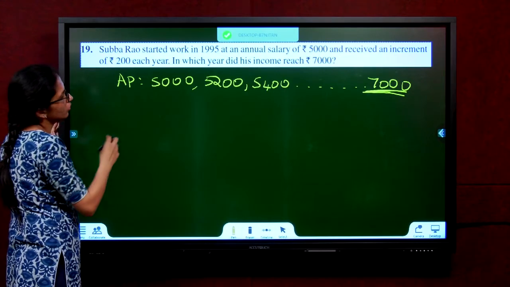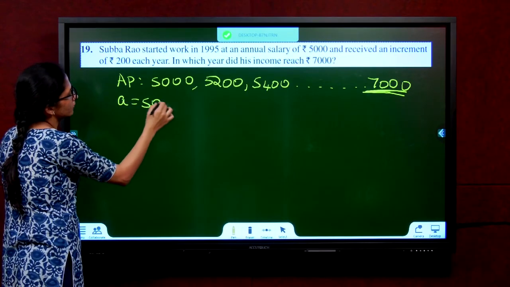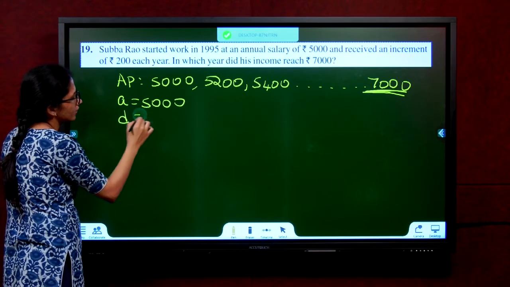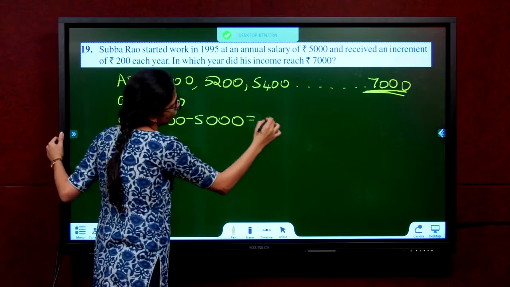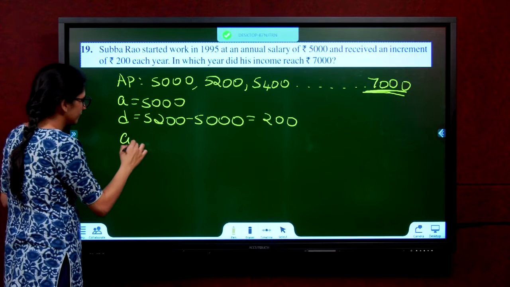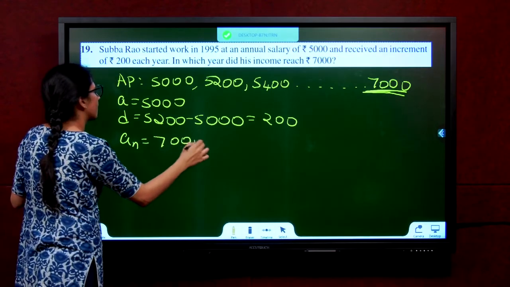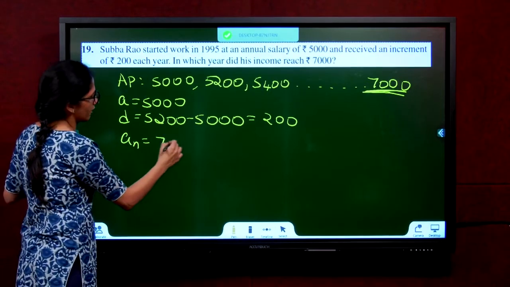Okay. So now carefully observe. A is equal to 5,000. D is equal to 5,200 minus 5,000, that is 200. AN given is 7,000, correct? So AN is 7,000.